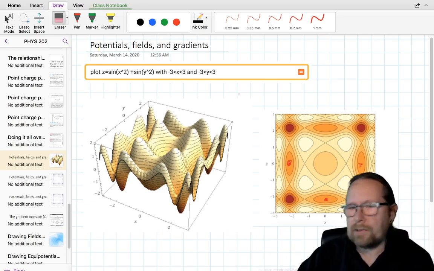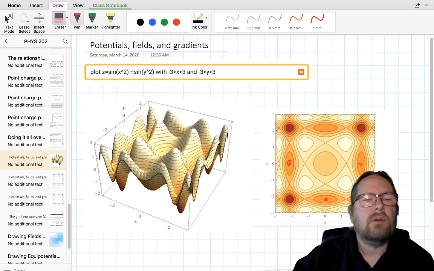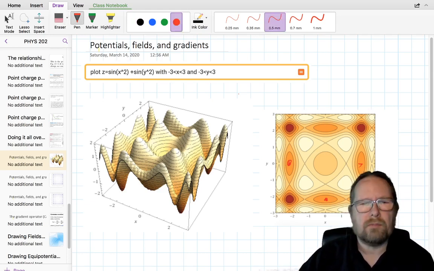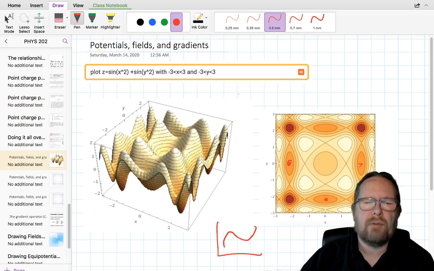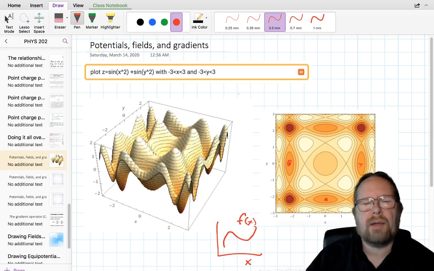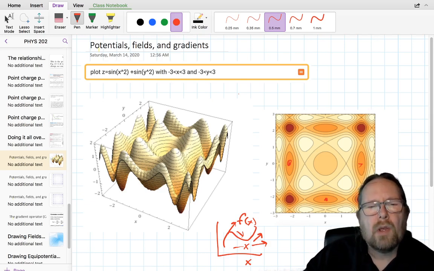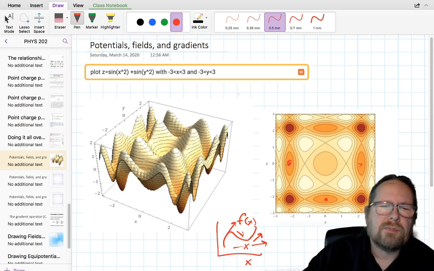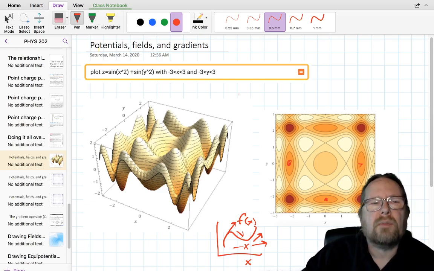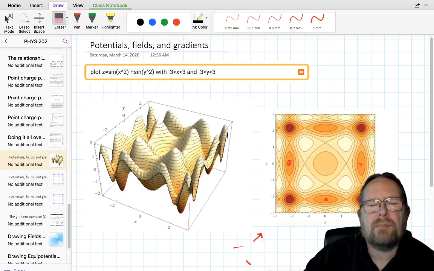If you've got a function in two-dimensional space, just xy Cartesian coordinates, I'll draw it down here. You've got some function f that is a function of x, and you take the derivative of that function. What does that tell you? It tells you the slope of that function at every point x along the horizontal axis.